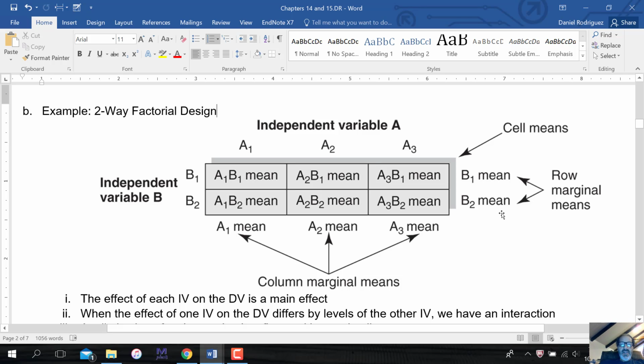If they do differ, I would say the independent variable B has a main effect on our dependent variable. By the way, these are the means of my dependent variable, so this would be mean happiness. All these cell values are the mean of happiness for the different groups. I could also do the same for independent variable A. I could ask, is there a difference in happiness for race?